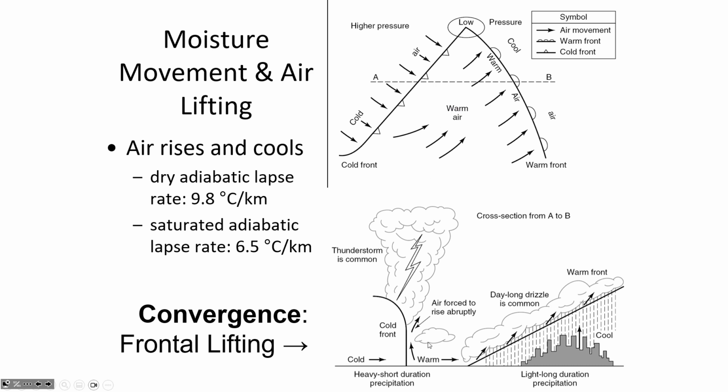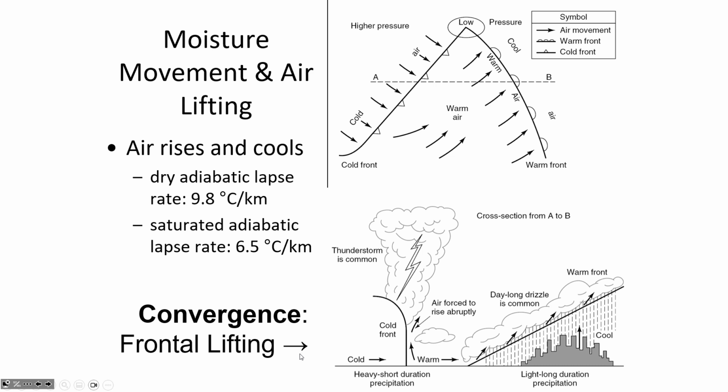If warm air is being pushed towards cool air, it rises slowly over that cold pocket, and it's associated with light, long duration precipitation. So warm air converging on a cold front is going to cause a slow, day-long drizzle, if a warm front is being slowly lifted on top of a cold front.